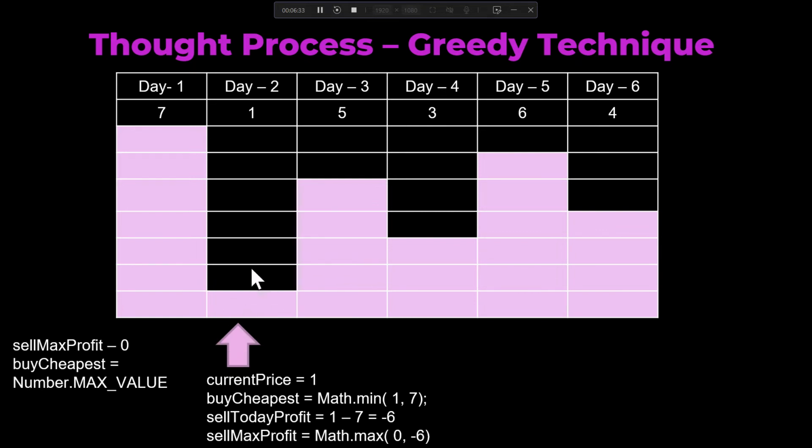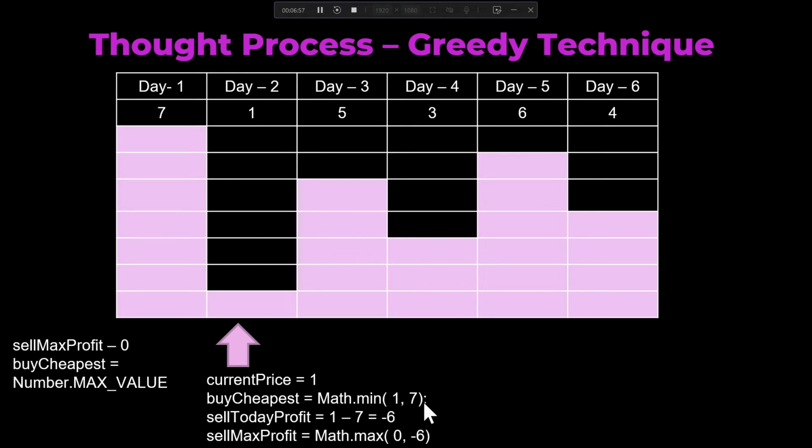So current price is currently here. We check the current price and buy cheapest. Previously, we say that on this first day we are going to buy it, because we don't know if it could be lower or higher. So we set this as buy cheapest, and then we compare these 2 values.